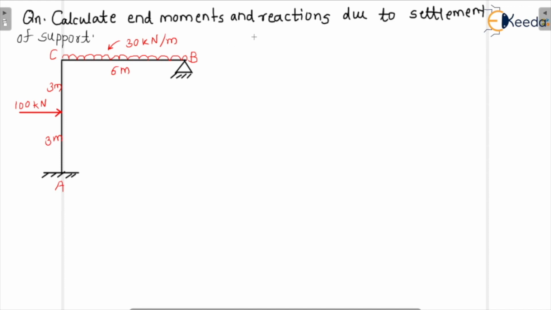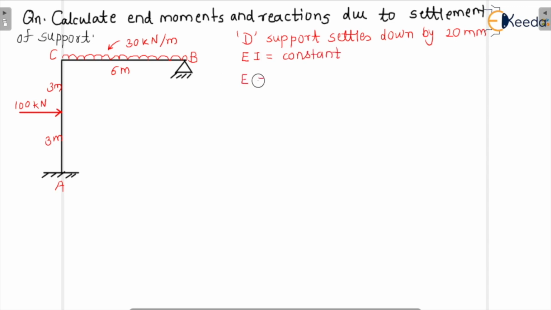Now here the D support settles down by 20 millimeter, and EI is constant, where E is equal to 2 into 10 to the power 5 Newton per millimeter square, and I is given as 300 into 10 to the power 6 millimeter raised to 4.